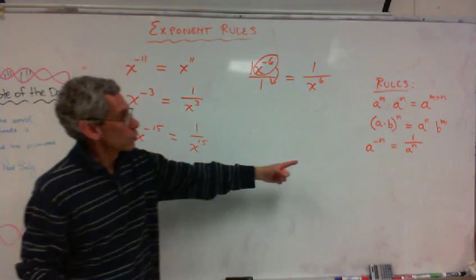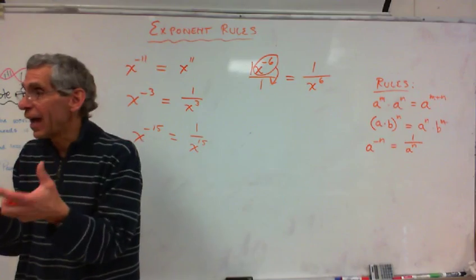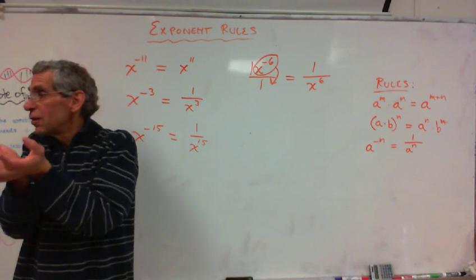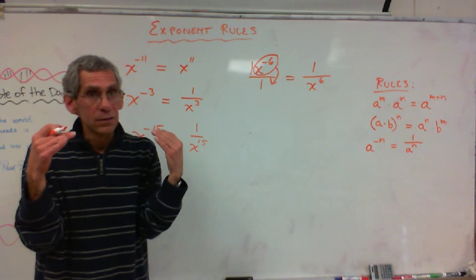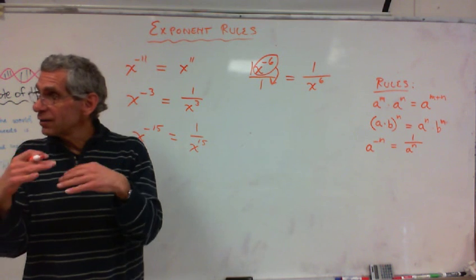And that's what this rule is actually saying. Does that make sense? So whenever you have a base with an exponent and you move it across the fraction line, the exponent sign changes. I could turn a positive to a negative by just moving it across the fraction line.